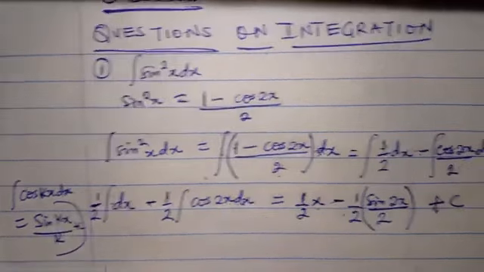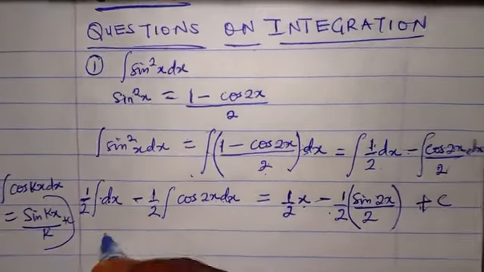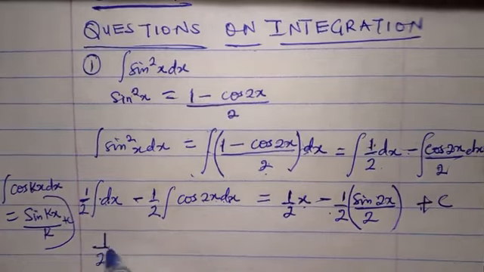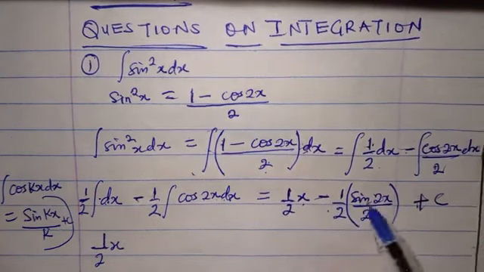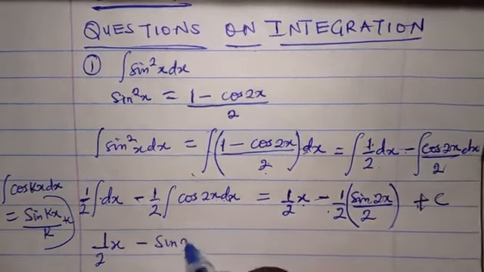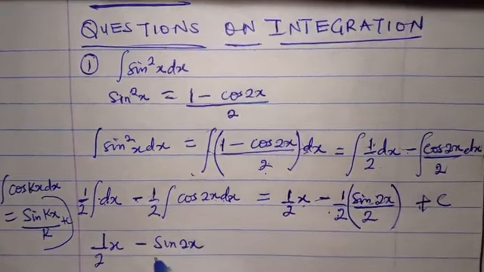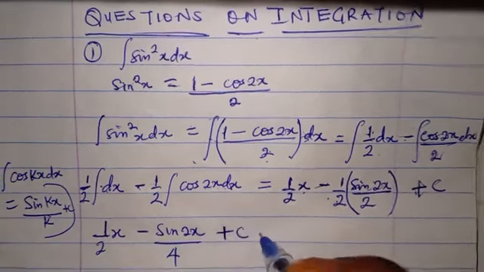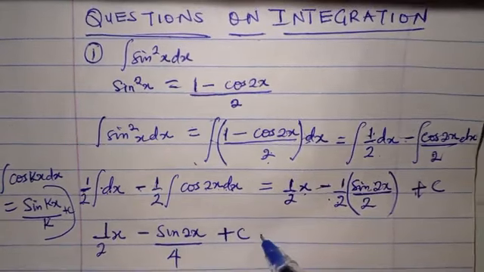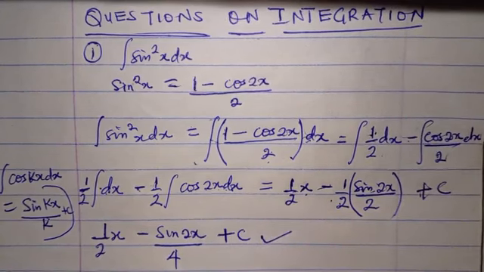So if we simplify it one more time, we'll have 1 over 2x, okay, minus 1 times sine 2x is minus sine 2x. 2 times 2 is 4, plus c. And this gives the integral of sine squared x dx.